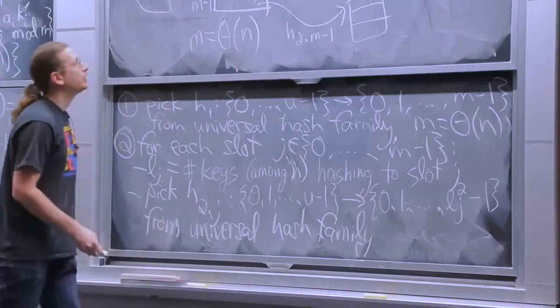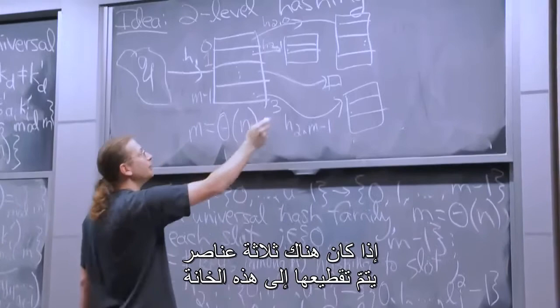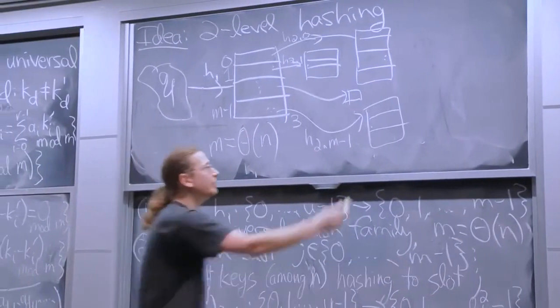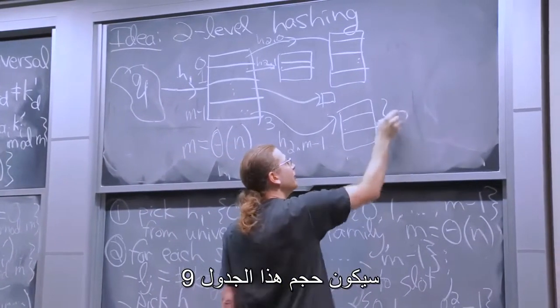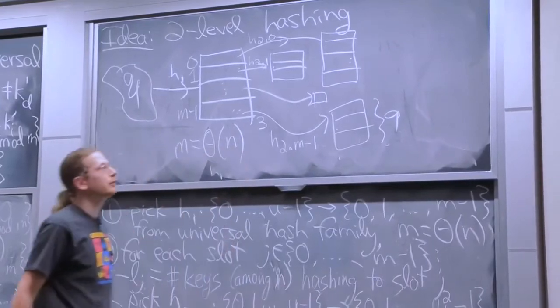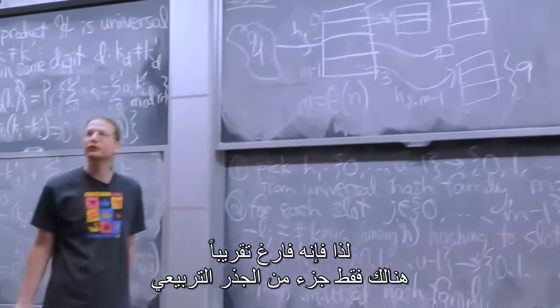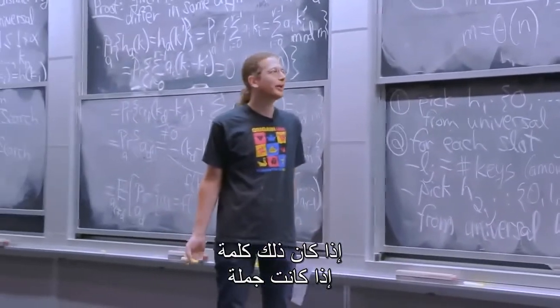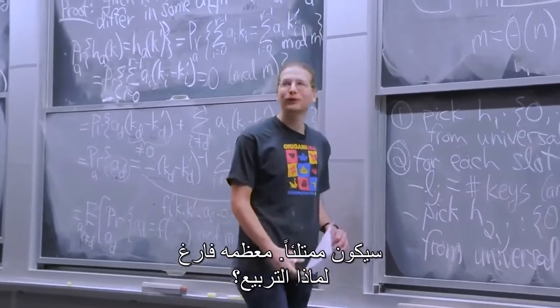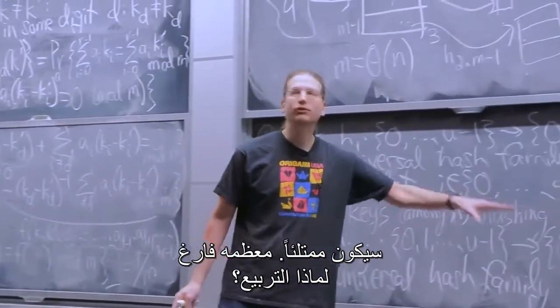So if there are 3 elements that happen to hash to this slot, this table will have size 9. So it's mostly empty. Only a square root fraction, if that's a phrase, will be full. Most of it's empty. Why squared?